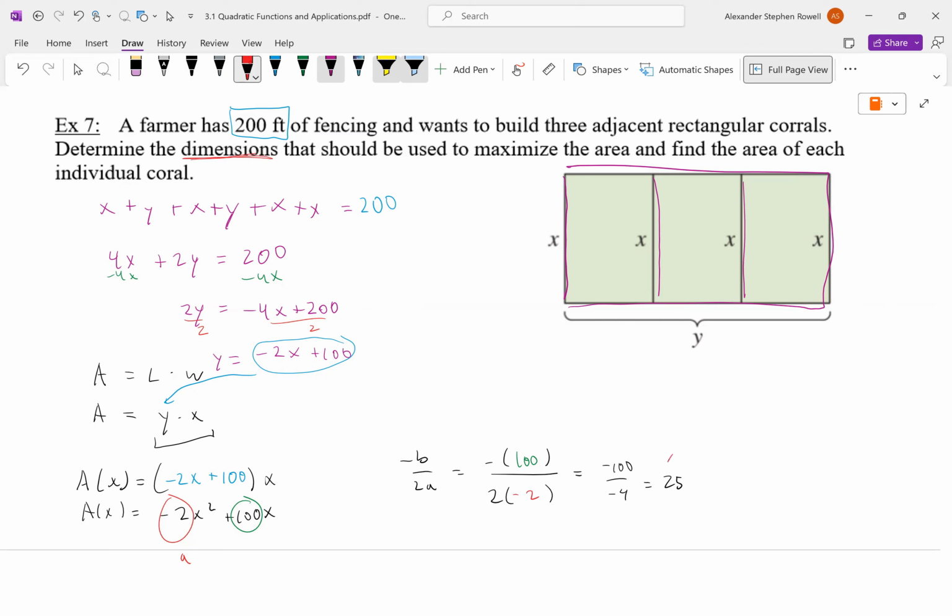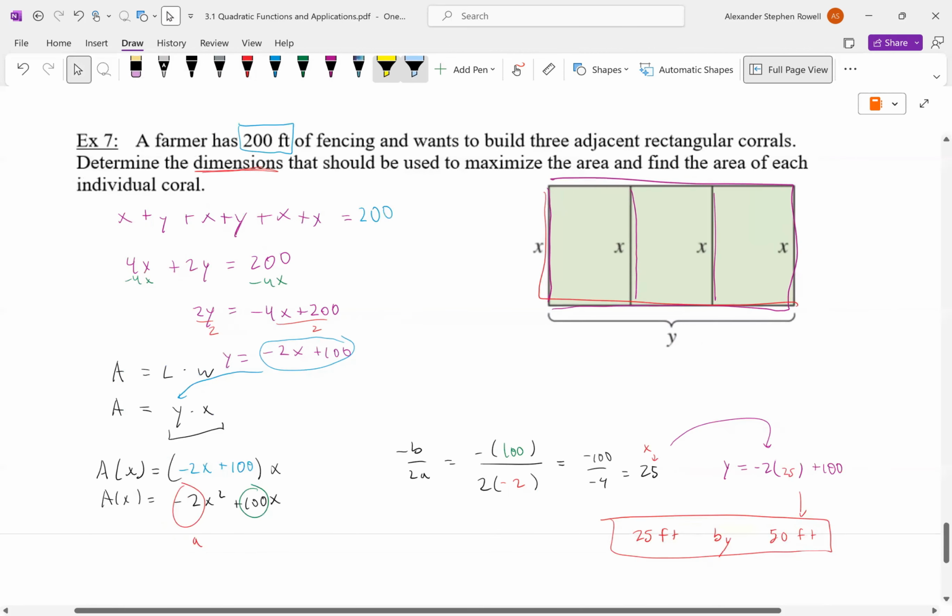So once the dimensions, we found x. So 25 feet by how many feet? Y is equal to negative 2x plus 100. We'll plug in 25. So negative 50 plus 100, 50 feet is the dimensions of the big rectangle.